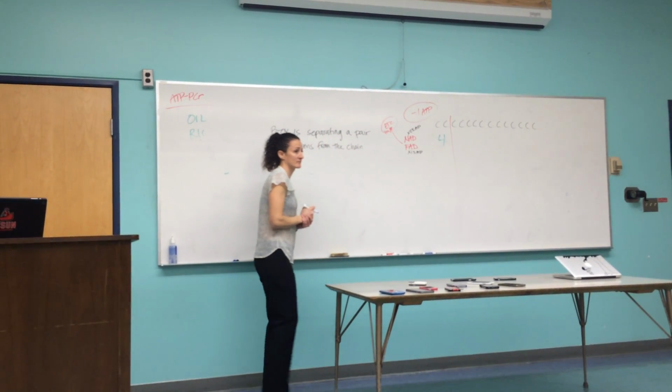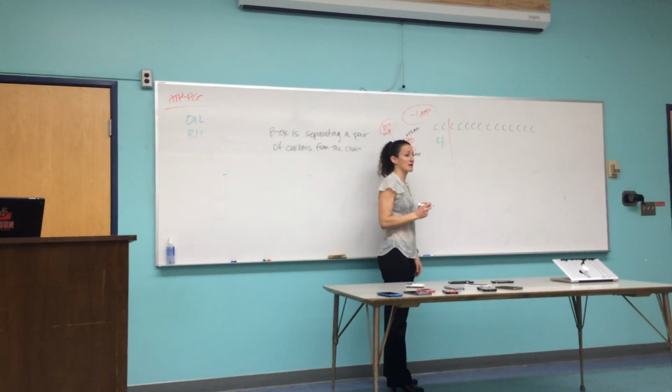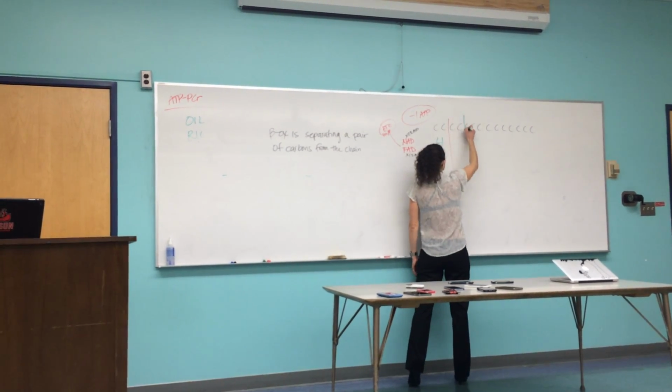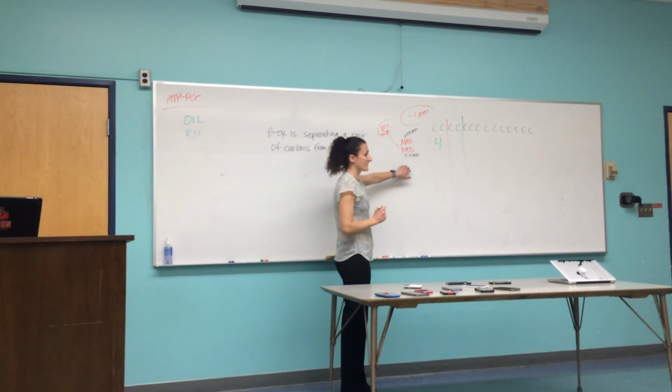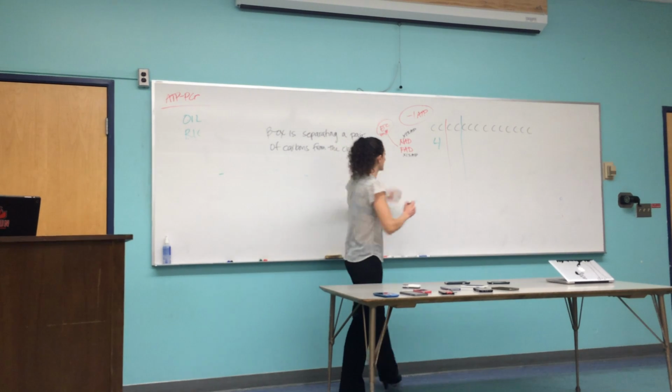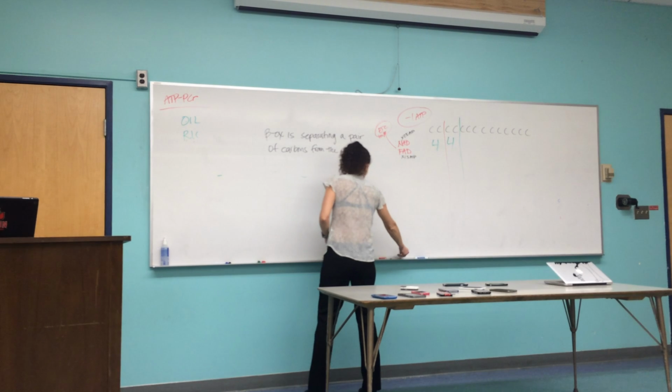Would you agree? Okay. So this chain is going to go through beta oxidation again. Beta oxidation means you're separating a pair of carbons from the chain, gives you an NAD and an FAD. They go through the electron transport chain, and end up with 4 ATP. Okay, I'm going to write that here.